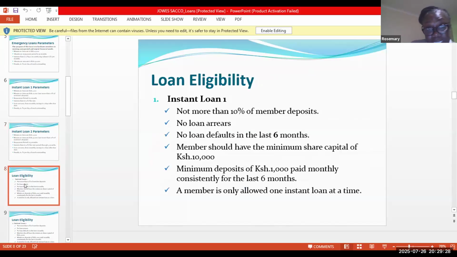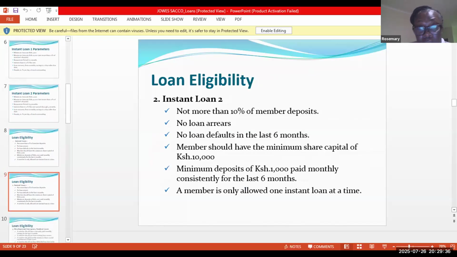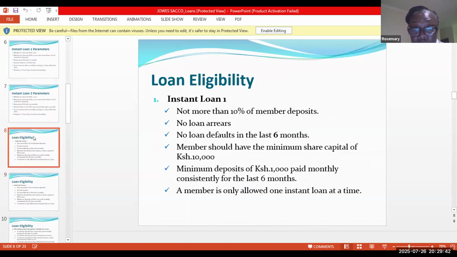Loan eligibility. How do we qualify? For the first instant loan, it should not be more than 10% of the member's deposit. You should not have any loan arrears, and you should not have defaulted on any loan in the last 3 months.